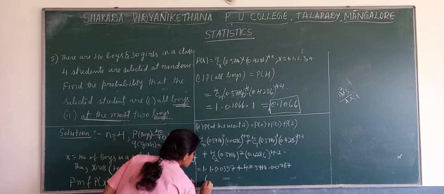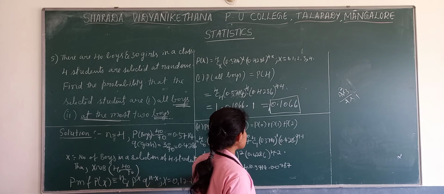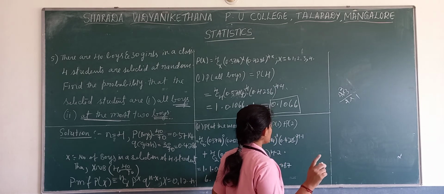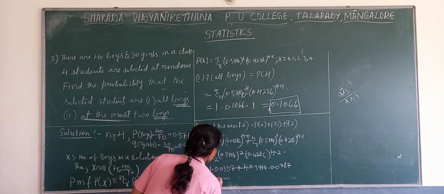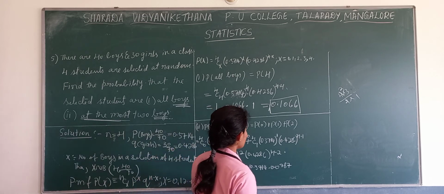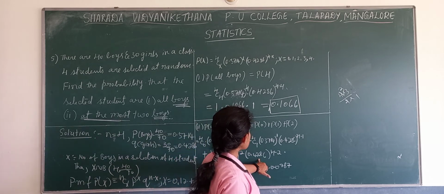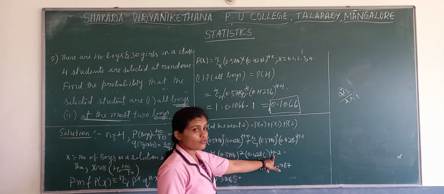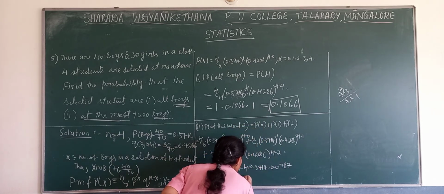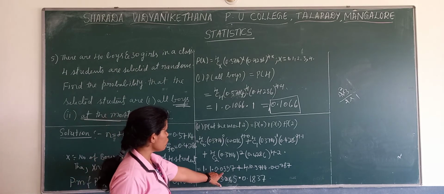So here it is 6 into 0.3714 to the power 2, we get 0.1379, sorry, 0.3265. Next, 0.4286 to the power 4 minus 2, means to the power 2, then we get 0.1837. Now we have to multiply here.